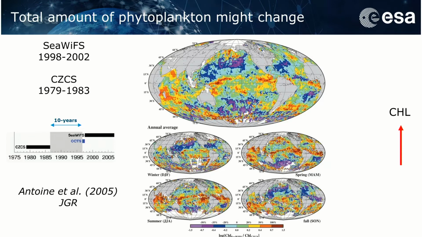And then looked at differences. So this is the log ratio of chlorophyll in SeaWiFS by chlorophyll in CZCS, and concluded that actually over the global ocean, chlorophyll has been increasing. So here are 2 contradictory conclusions based on comparing SeaWiFS and CZCS.